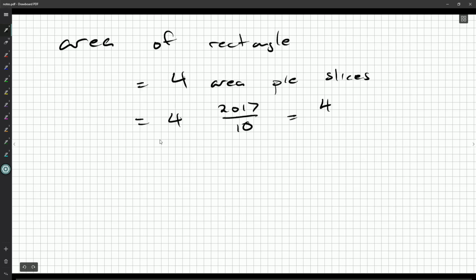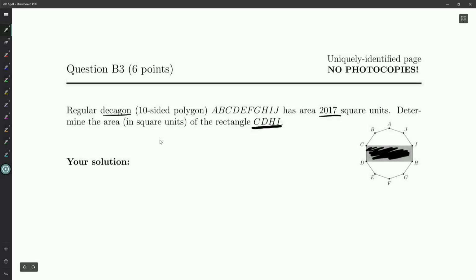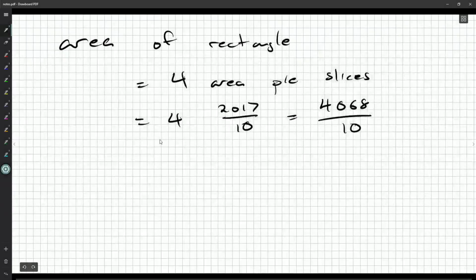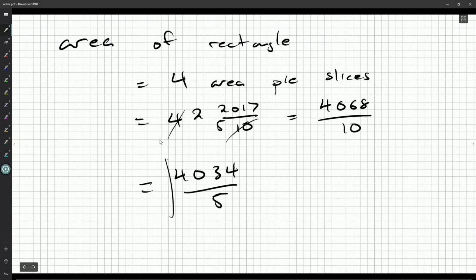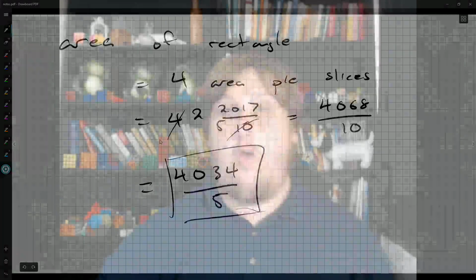So that's 4 times 2017 over 10, which is 8068 over 10. And what did we want? Determine the area in square units. Well, there it is. I suppose we could divide by 2. Could have divided by 2 earlier and left with 2 over 5. So that would be 4034 over 5. Can't simplify it anymore. And if you read the instructions, they do say don't round. All answers should be kept exact. So 4034 over 5, that's exactly how we're going to leave this.